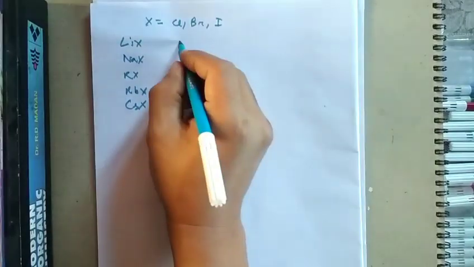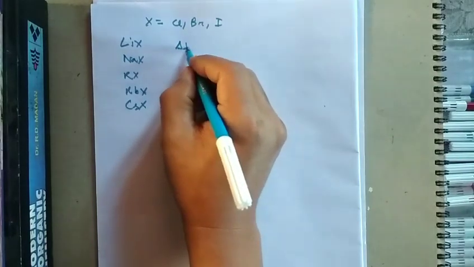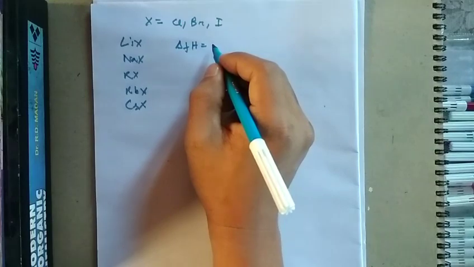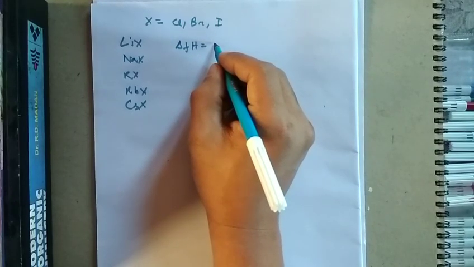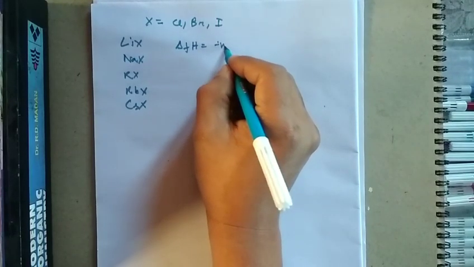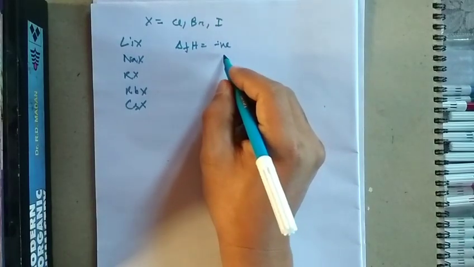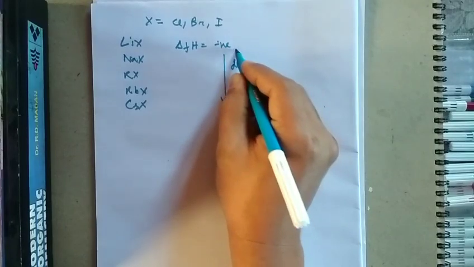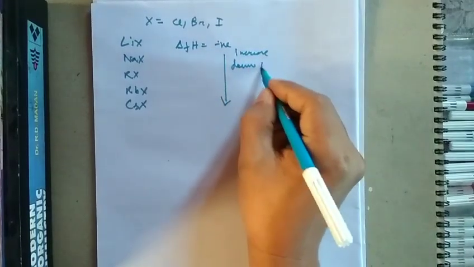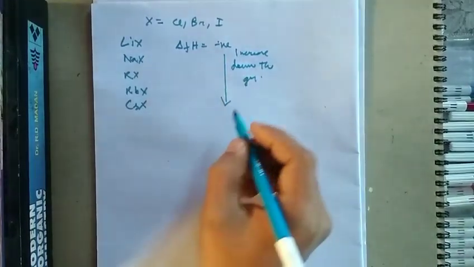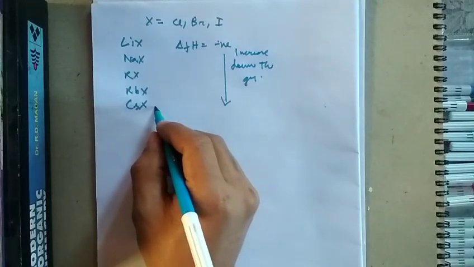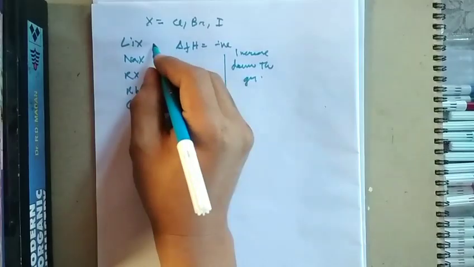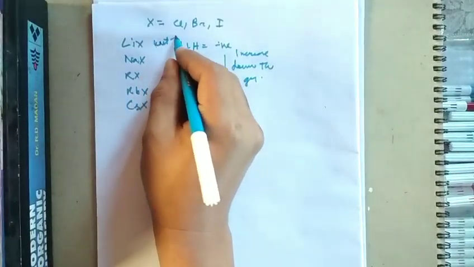In this case enthalpy of formation is also negative, but it increases down the group. So in this case, this one will be most negative, and this one least negative.